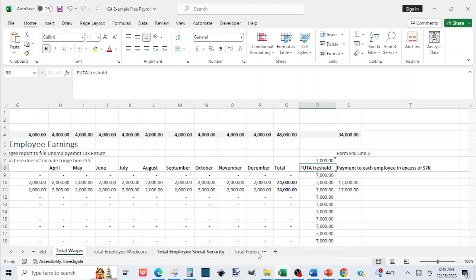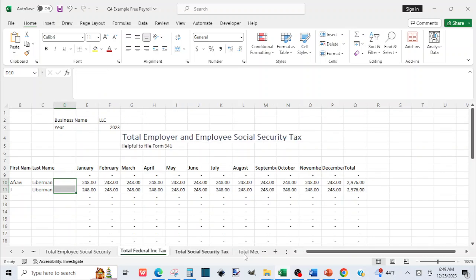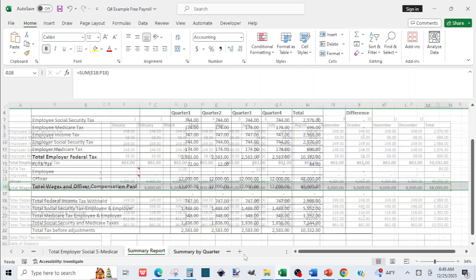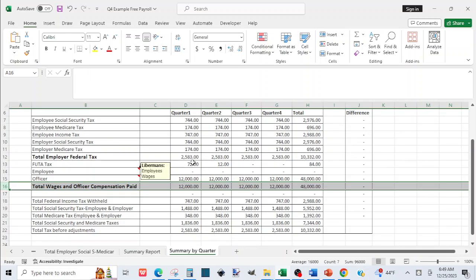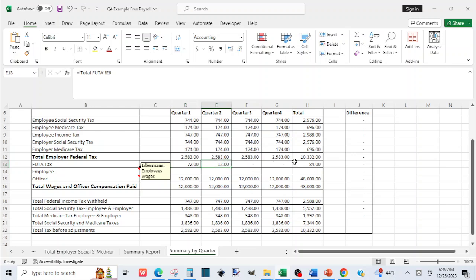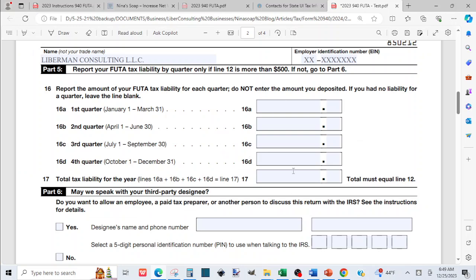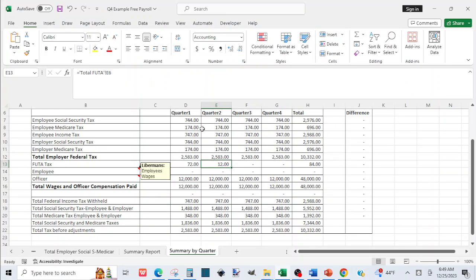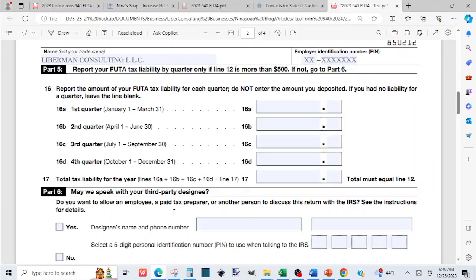So let's continue to our total, the summary by quarter. The summary by quarter will be able to help us complete the quarterly liability as well. So the free version of our payroll spreadsheets has this summary by quarter option for you to pull the data from, if you are using it.